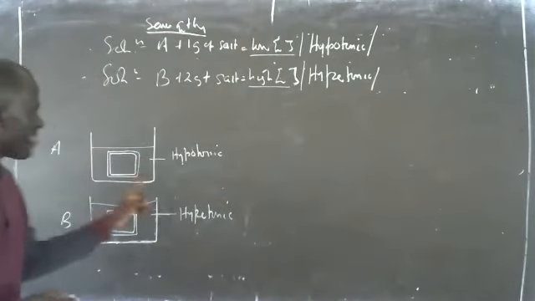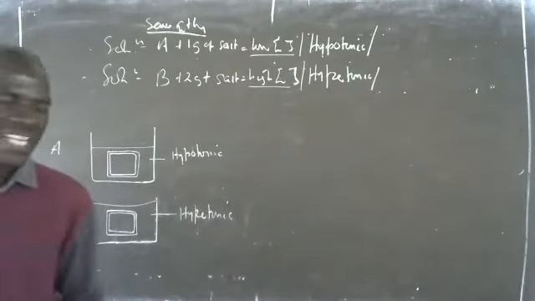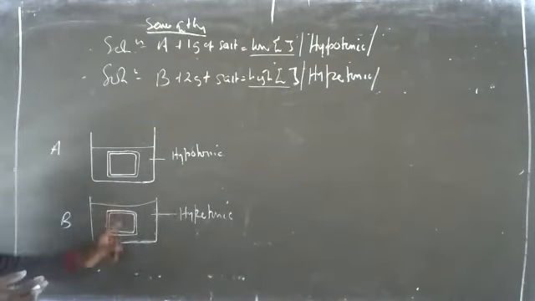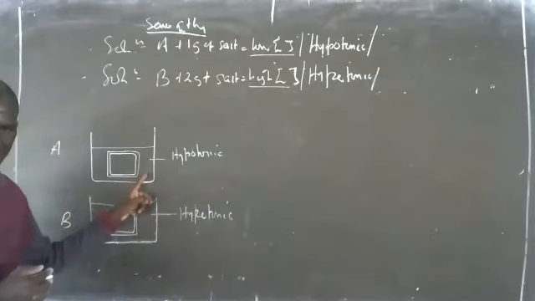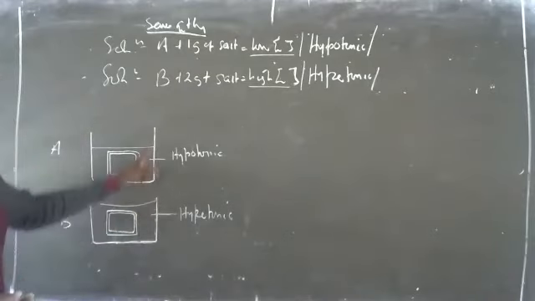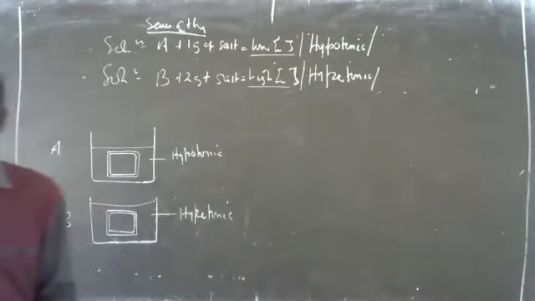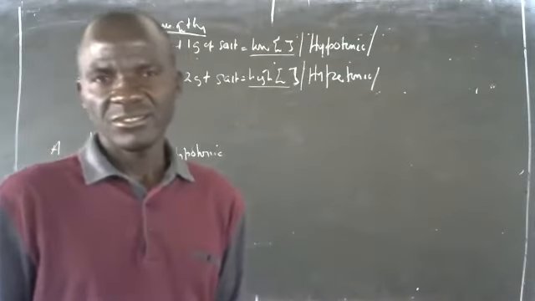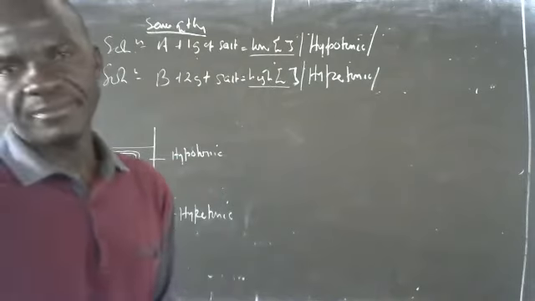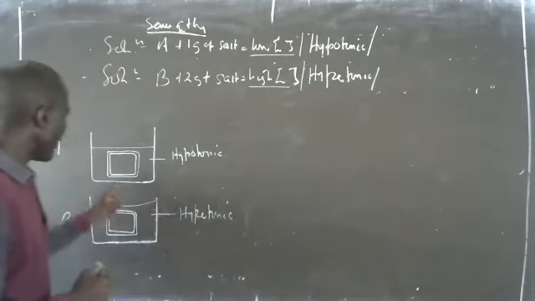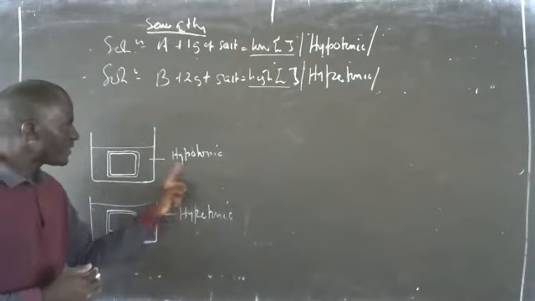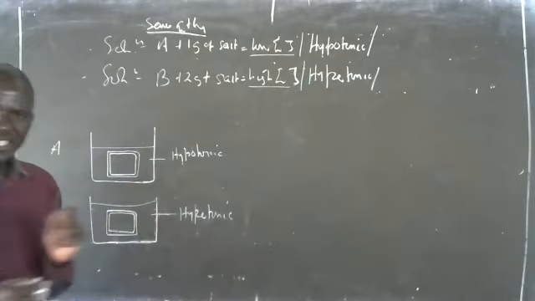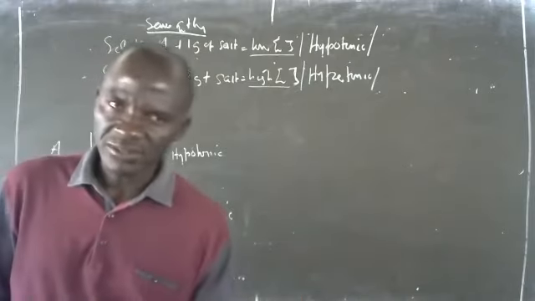So here when I say hypotonic, then you ask hypotonic to what? Since I put here plant cells, A and B, when I say this is hypotonic, that means this solution, where I dissolved 1 gram of sodium, it could be sodium chloride, anything soluble, is hypotonic to the cell, which means the cell is hypertonic to the solution outside.